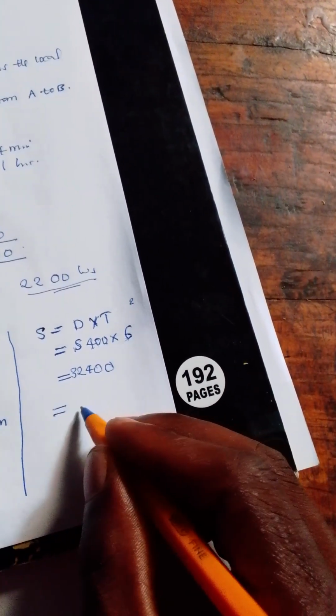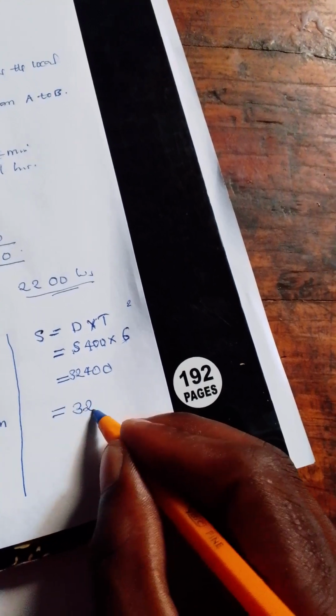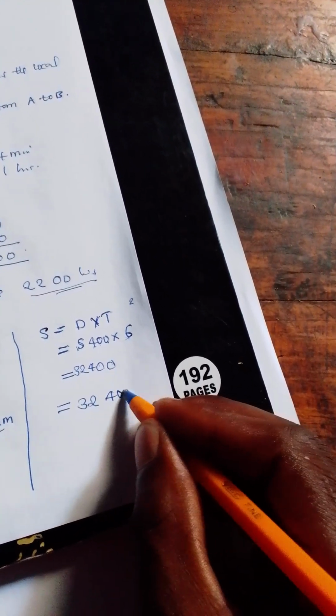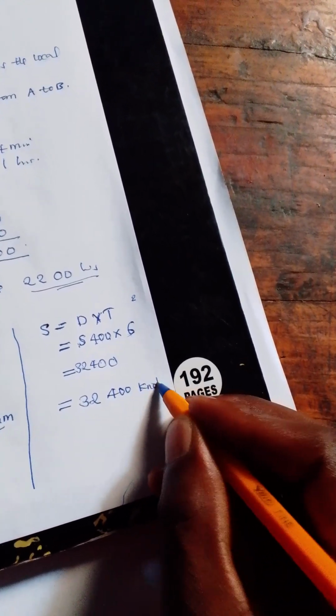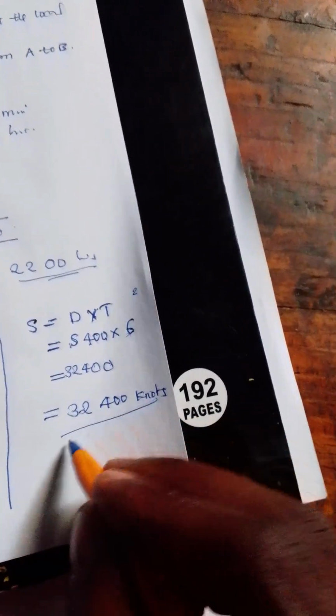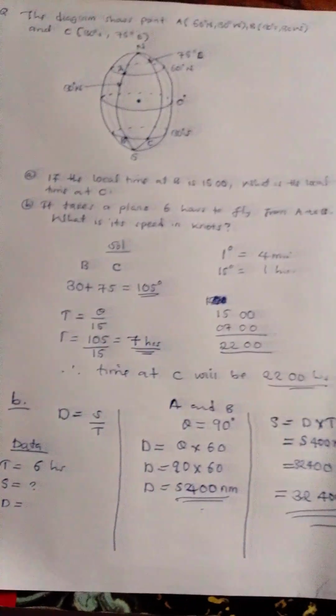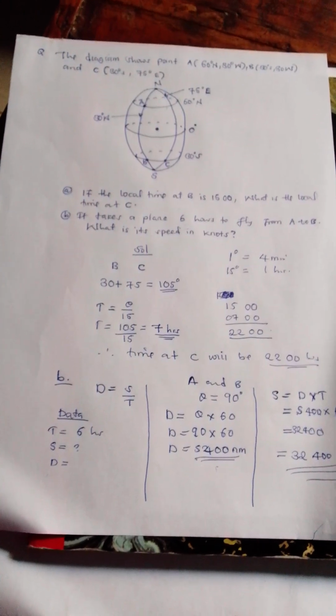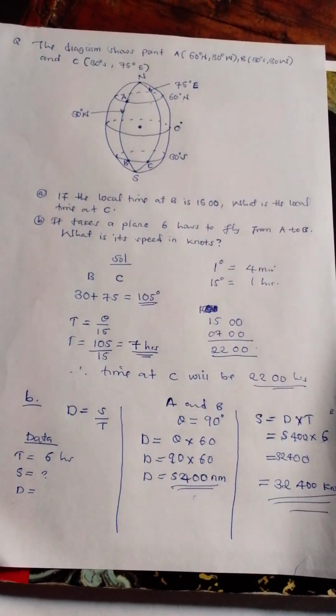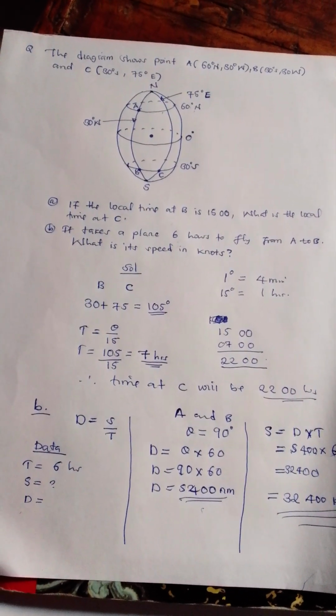So our speed is therefore 32,400 knots. That's how we solve this problem in paper 1 without using a calculator.